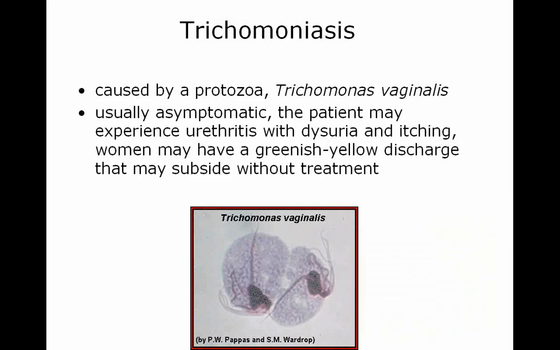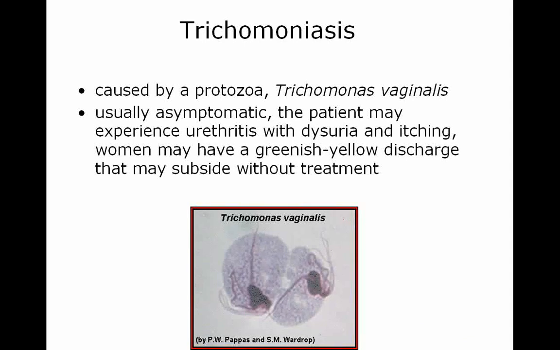Okay, the next sexually transmitted disease to describe is trichomoniasis. Caused by protozoa. Again, very commonly asymptomatic. The man may have some dysuria and itching, the woman may have dysuria, itching, and a greenish yellow discharge.